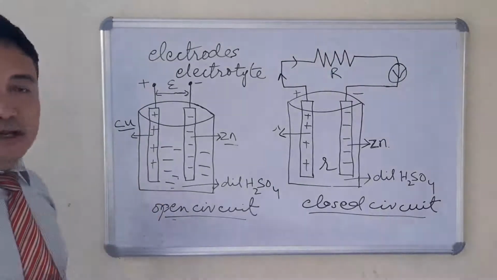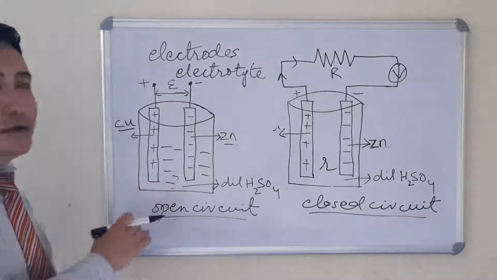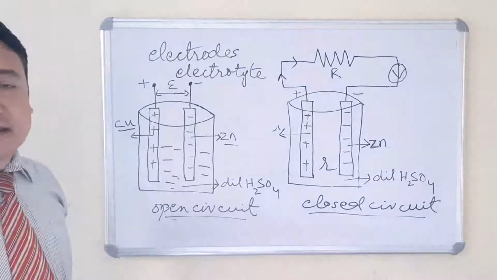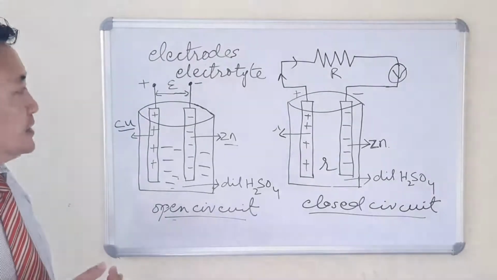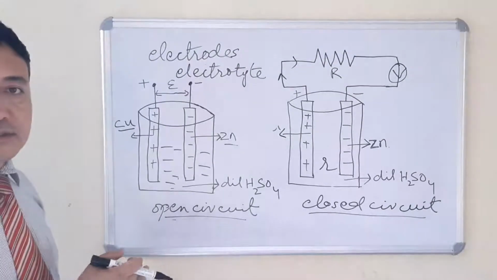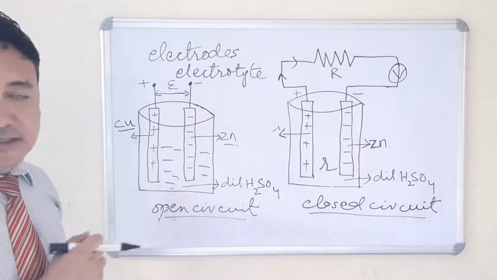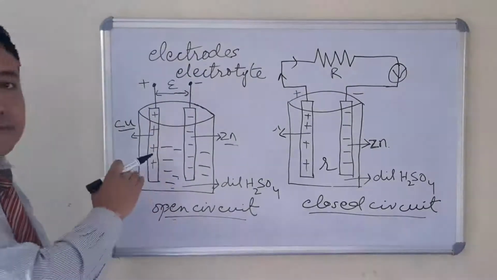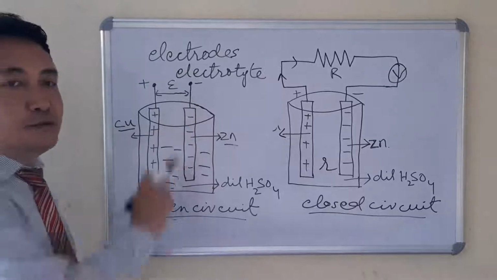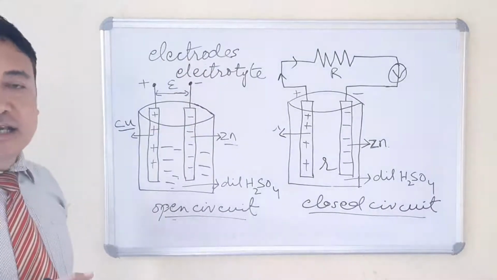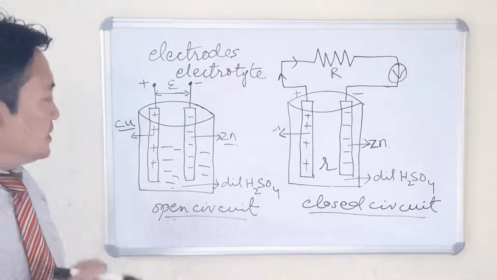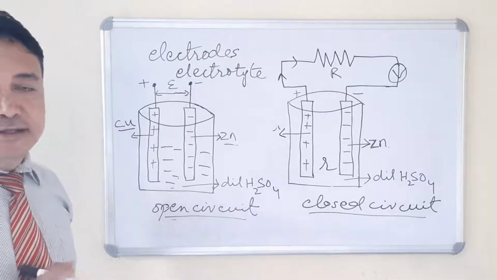So the cell consists of electrodes and electrolyte, and the electrodes are immersed in the electrolyte. When they are placed in the electrolyte, the chemical action of the electrode and the electrolyte will make the two electrodes charged. The copper will become positively charged and the zinc will become negatively charged, and these charged electrodes are formed due to the chemical action of the electrode and the electrolyte.